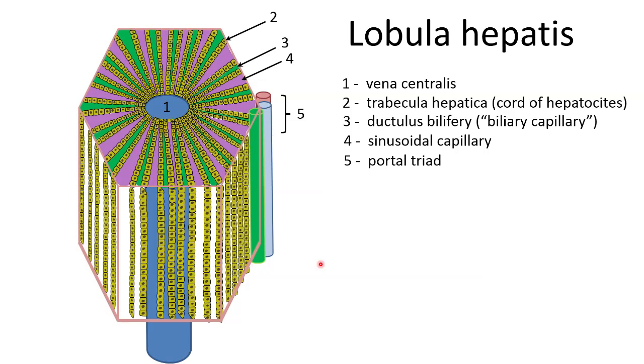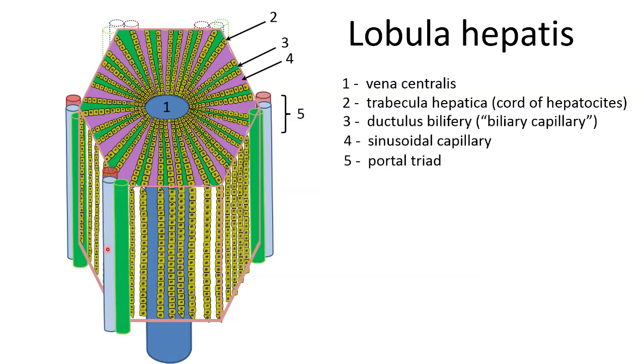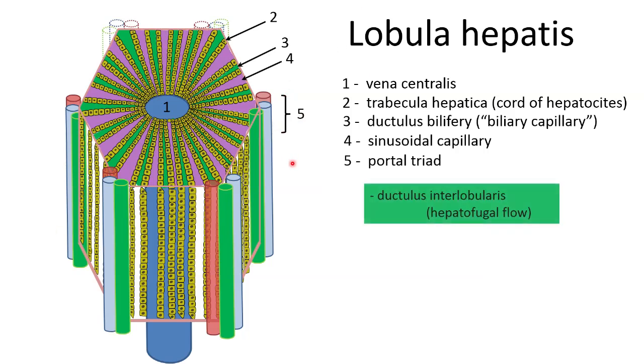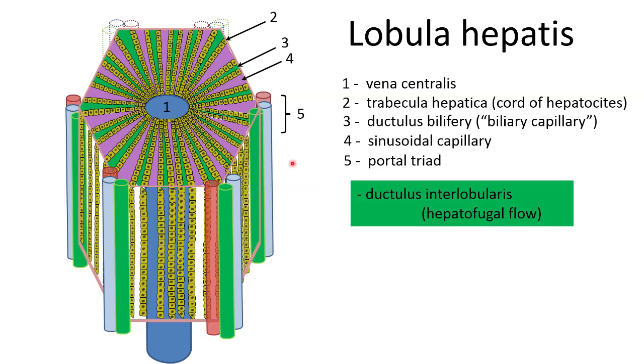Portal triad. So we can find them here, here, here, and here, practically in each angle of this small lobule.